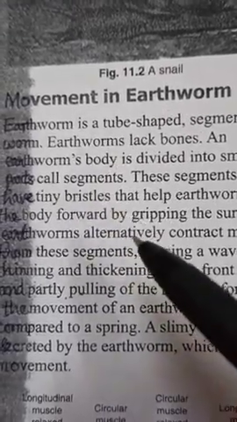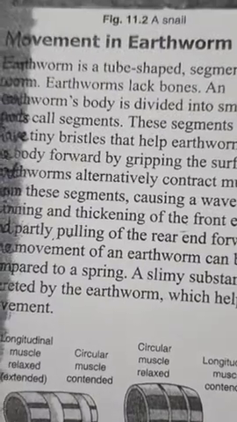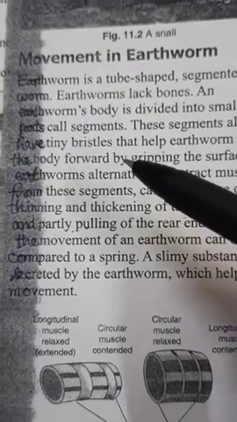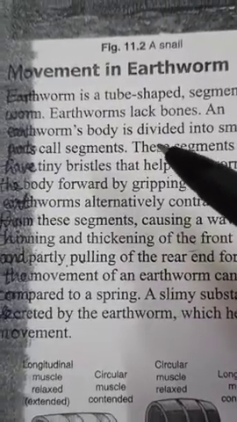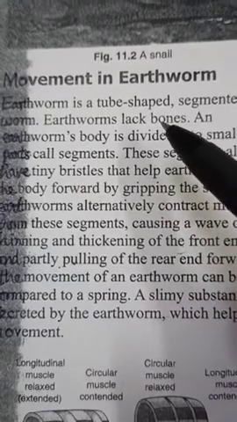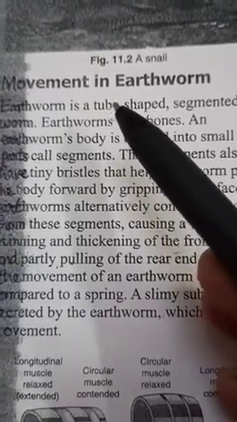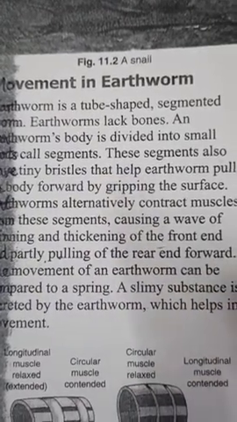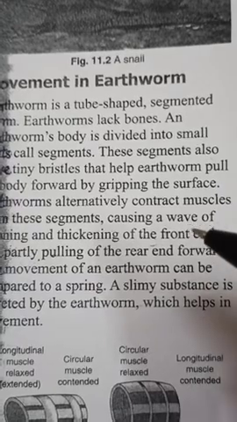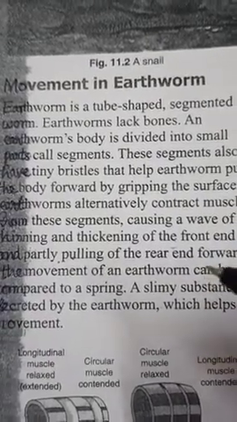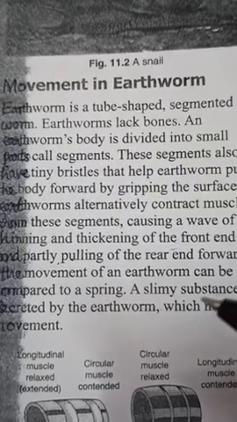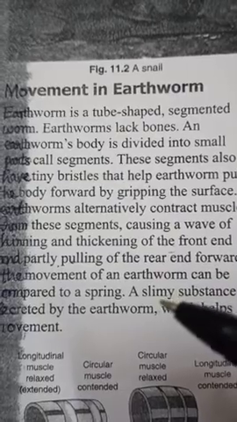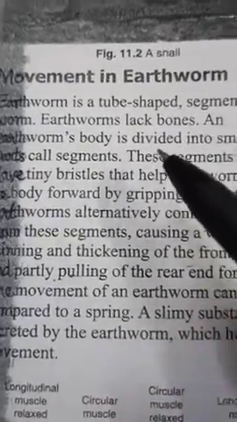So children, earthworm is also a kind of organism which comes under the lower category of organisms, and they are also invertebrates, means earthworms, snails, and you have studied about cockroaches. They all come under the category of invertebrates, means they don't have a backbone in their body. Okay, so let's see how they move.